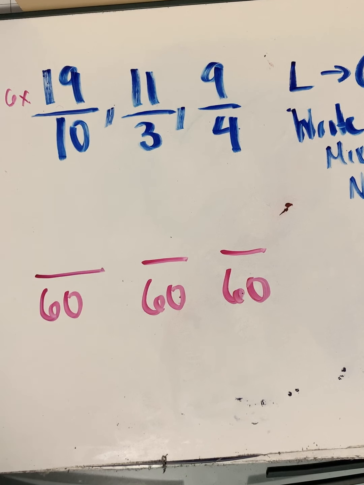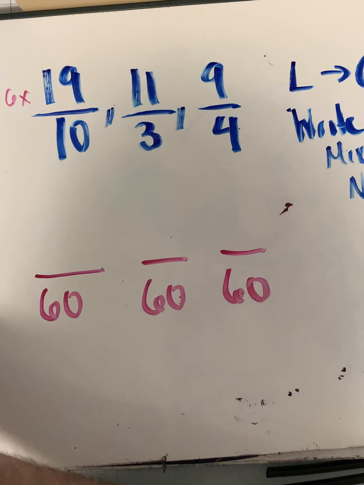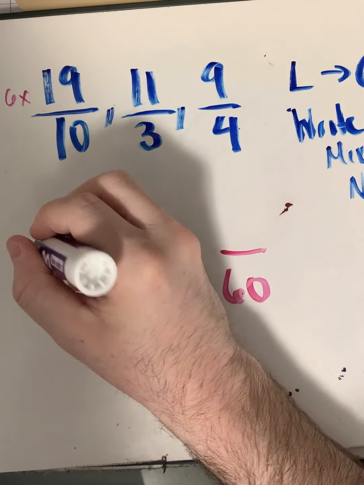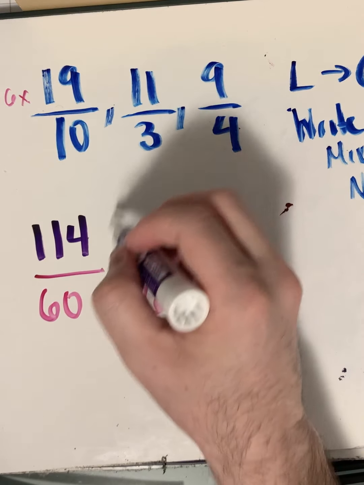19 times 6 is 114. Thank you guys for bearing with me. 114. How did I get from 3?